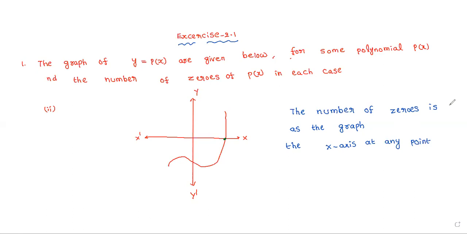So the number of zeros is 1, as the graph intersects the x-axis at only one point. Okay.